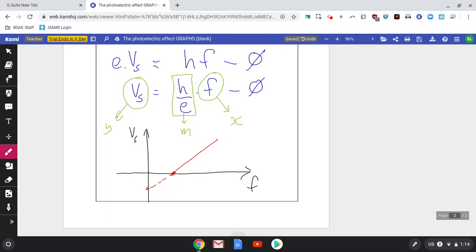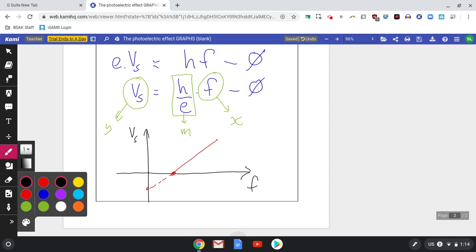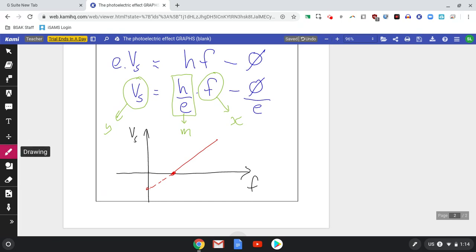I've just made one mistake. Has anyone spotted my deliberate mistake? You have? The y-intercept is phi over e, isn't it? Ooh, cheeky. Anyway, yes, the y-intercept is indeed phi over e.